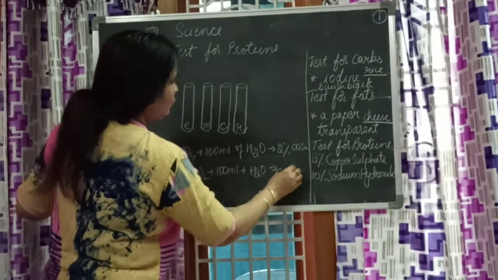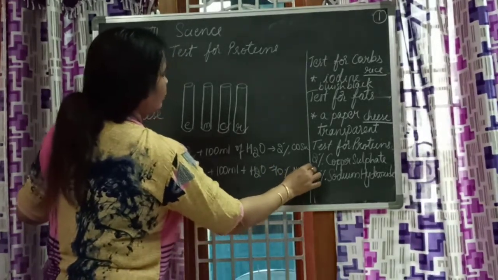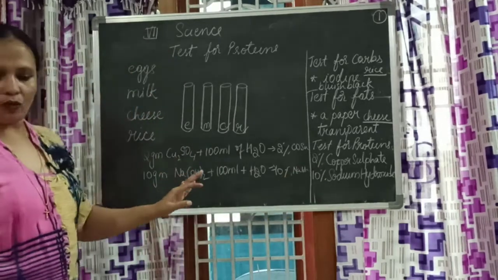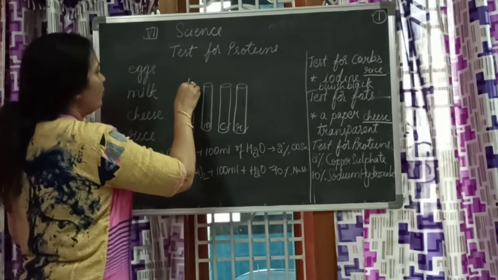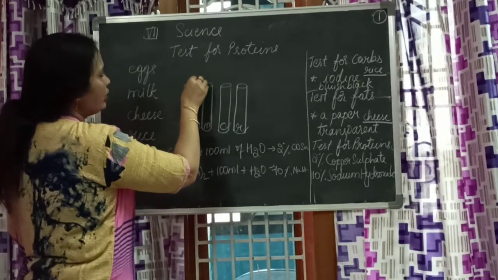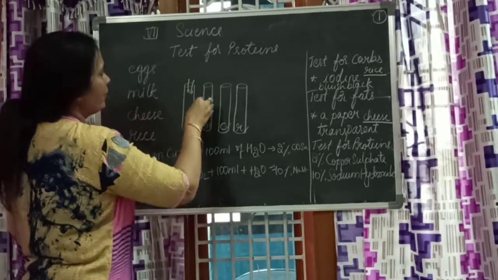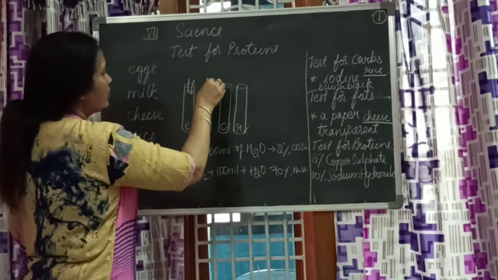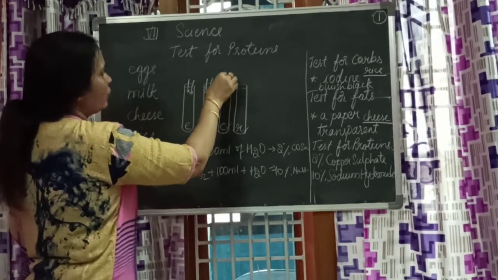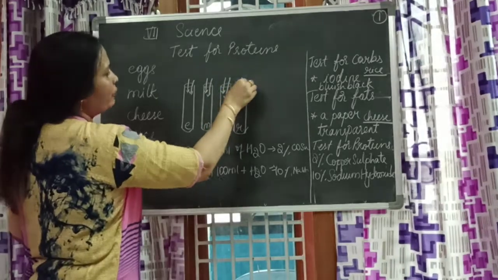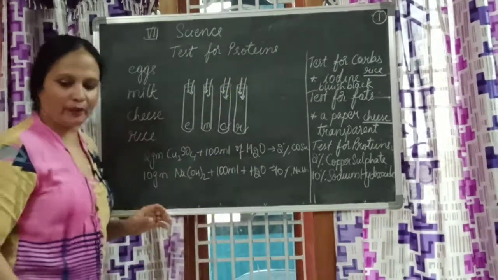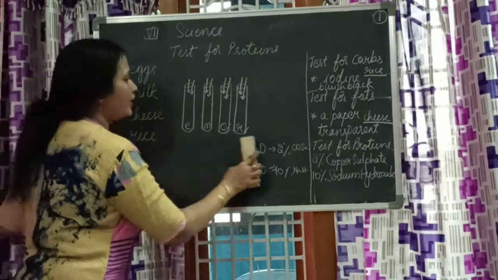Then you get 10% sodium hydroxide solution. Now what you have to do is, in this, 1 drop of copper sulfate, 1 drop of sodium hydroxide, and repeat the same in each test tube. And what do you get?